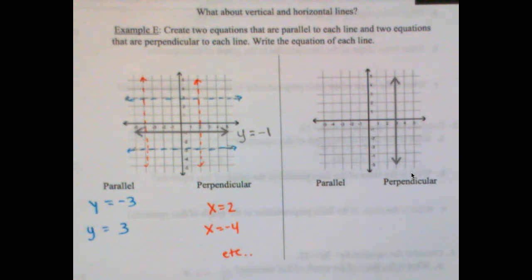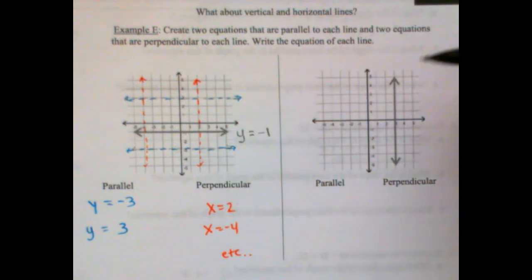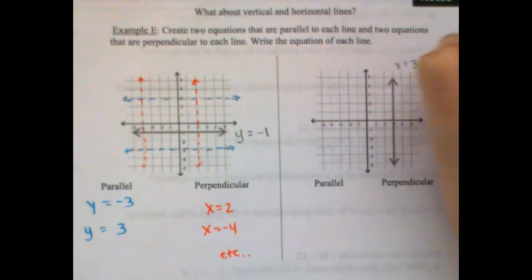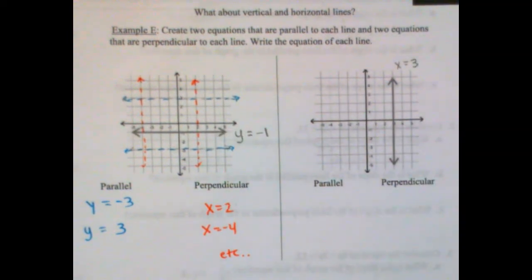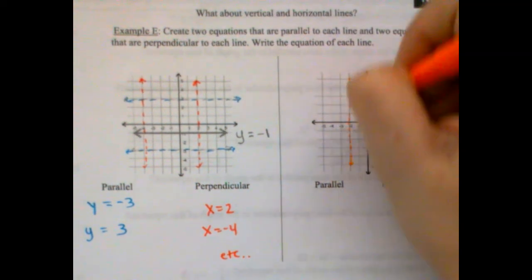Okay. On the flip side, if I have a vertical line here, like on the right, that equation, remember if it's a vertical line, that's an x equals, so this vertical line is x equals 3. So a parallel line to x equals 3 would be any other x equals line. These are all parallel, right?